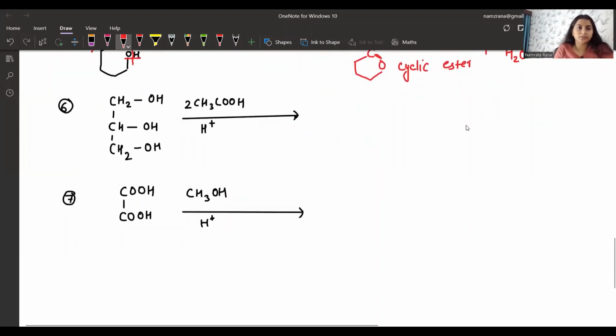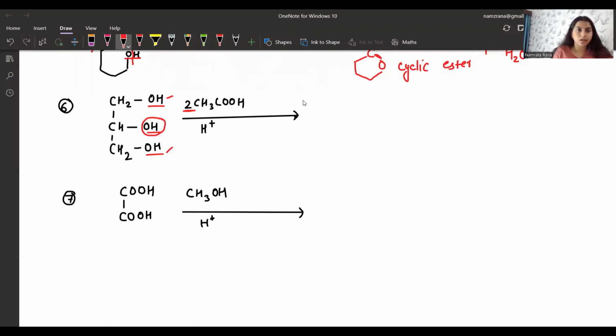Now moving towards the next question. Now see, there are 3 OH groups and only 2 molecules of acidic part. Now you need to convert only 2 OH into esters, but you need to see which of the OH would be converted. If I talk about the middle OH group, it is sterically hindered, so it will not be a favorable position for the attack. So the 2 positions would be the outer positions, that is the terminal positions.